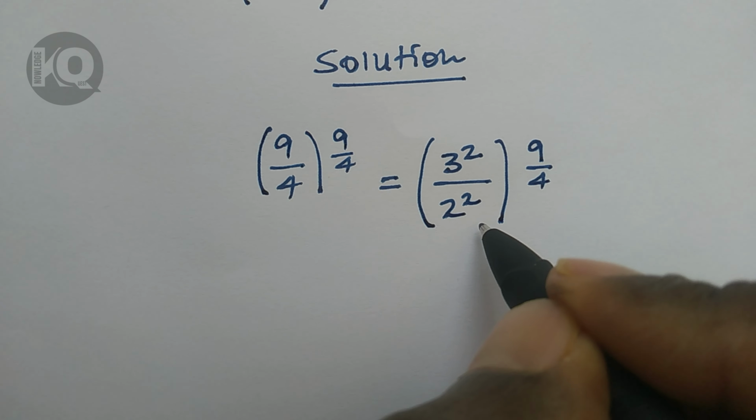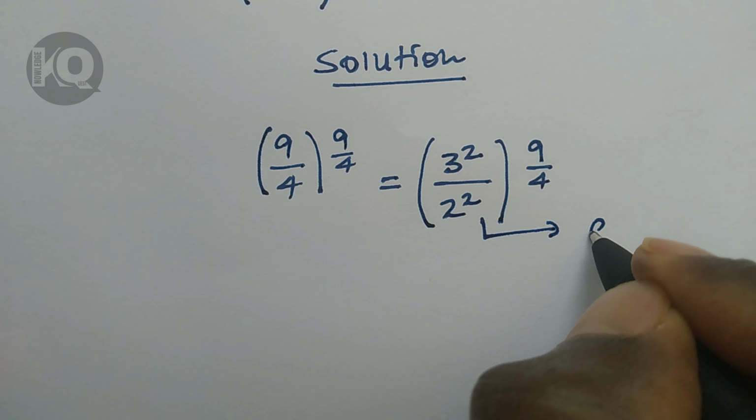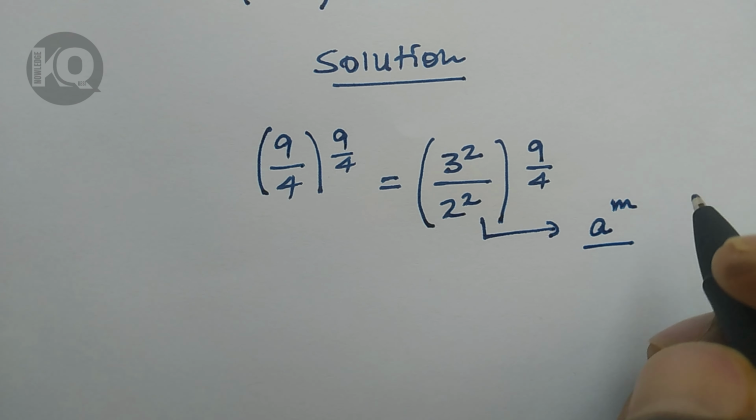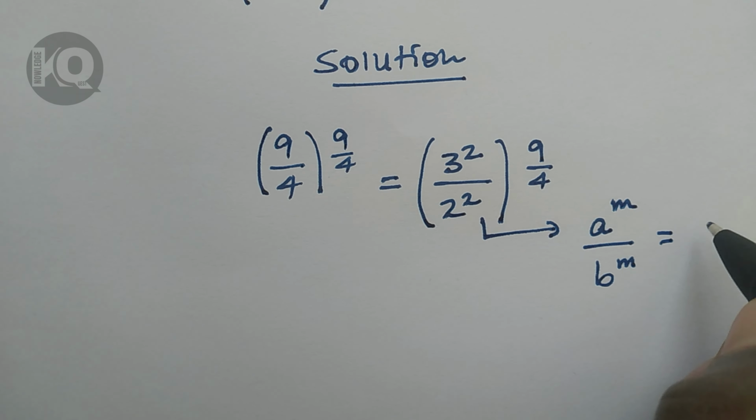As you have seen here, this term is in the form of a to the power of m divided by b to the power of m, which is equivalent to (a/b) to the power of m.